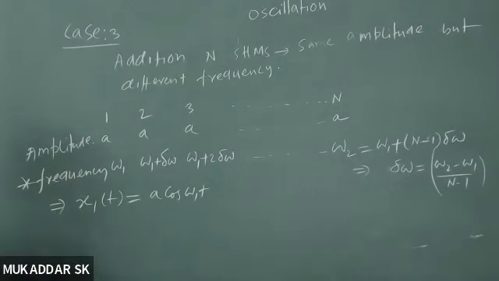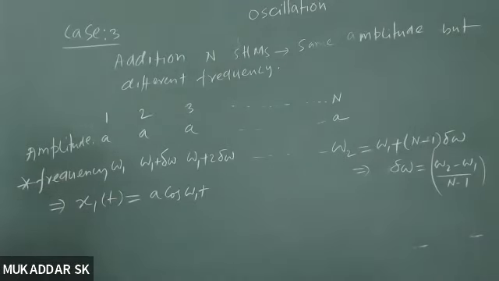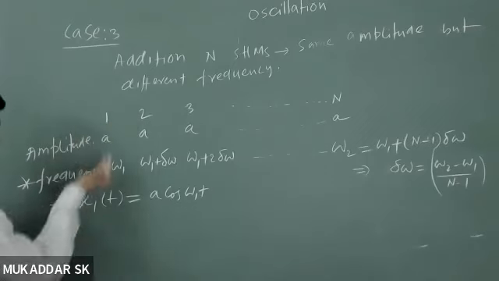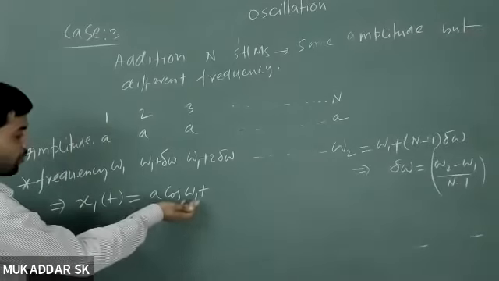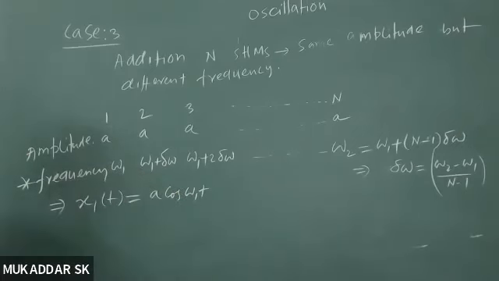Whenever an oscillator starts from the extreme end, the equation of displacement becomes a cosine function. When the oscillator starts from the origin, you will get a sine term. So I assumed that the oscillator starts from the positive extreme end. For oscillator number 1, the displacement is a cosine of omega 1 t, because its angular frequency is omega 1 and its amplitude is a.